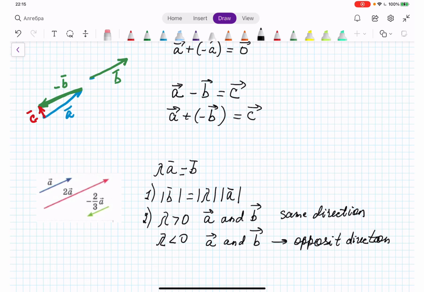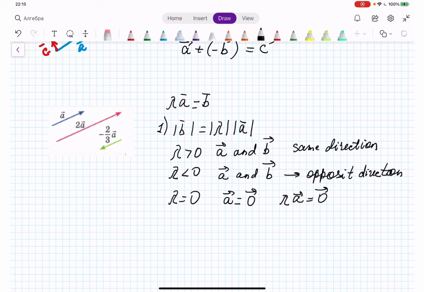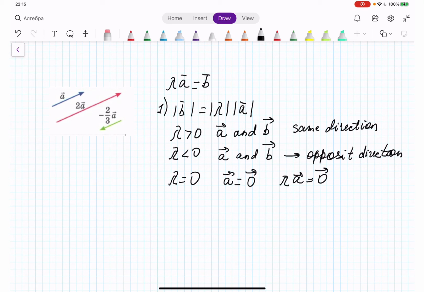All right, and if lambda is equal 0, since we are looking at cases, if lambda is equal to 0, then lambda times vector A is equal to vector 0.